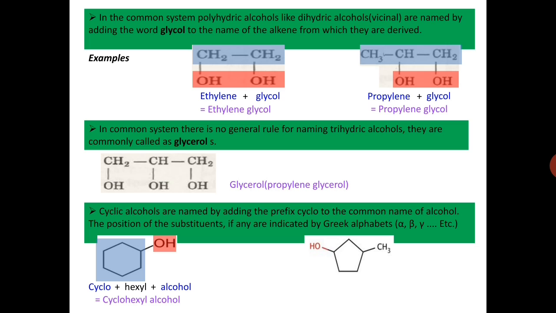Similarly, here we see a 5 member ring, therefore pentyl, and with respect to OH the CH3 is attached at the beta position, therefore we call it beta methyl cyclopentyl alcohol.